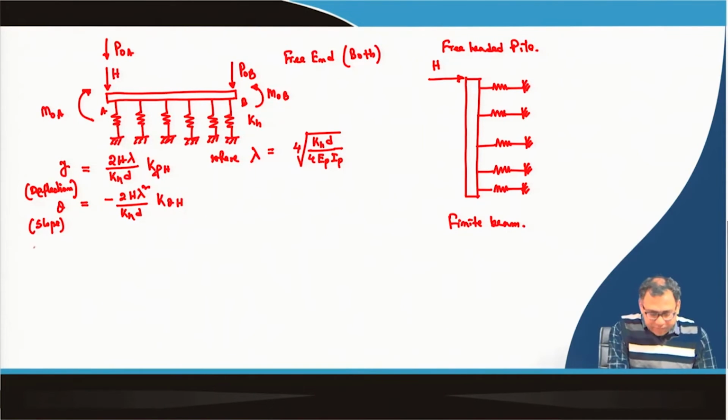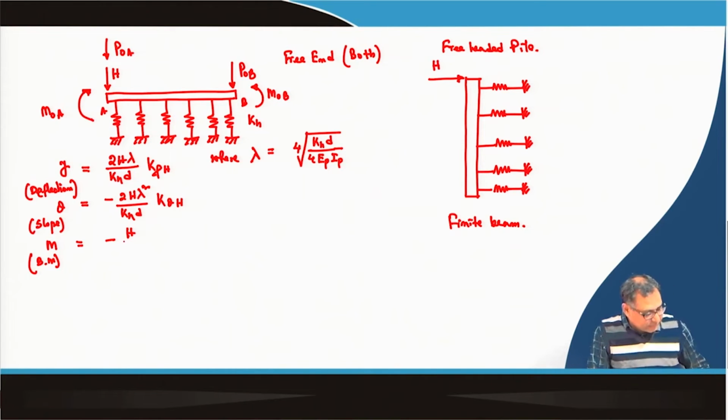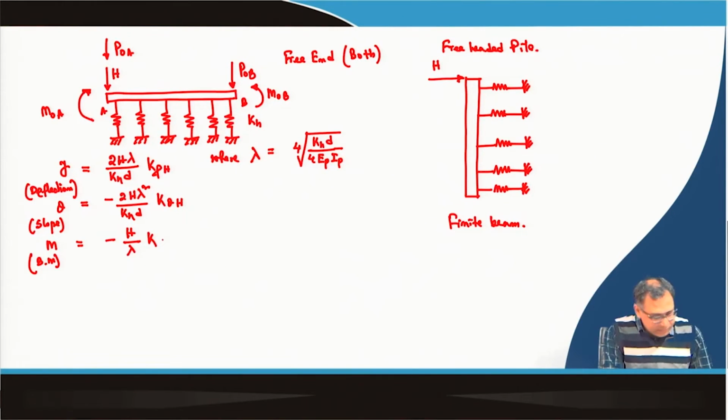So, the bending moment equation is minus h by lambda k m h.